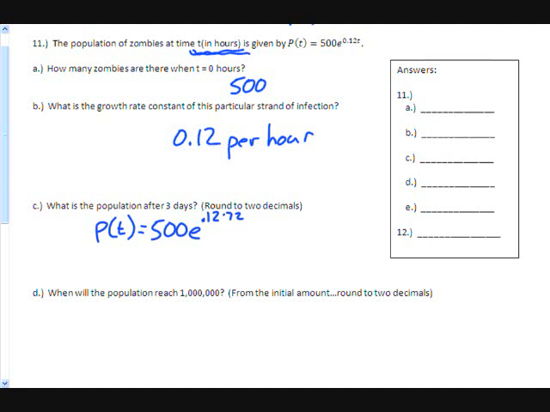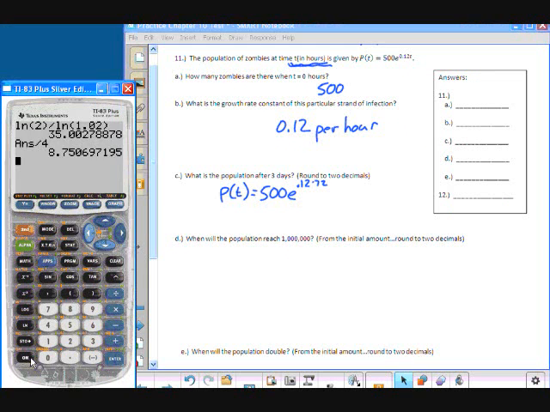All right. Now, again, it's just time to plug this into my calculator. So I'm going to do 500 and then e raised to the power of 0.12 times the 72. And notice I put that exponent in parentheses to make sure my calculator knows to raise e to that entire power. And I hit enter. And it asked me to round to 2 decimal places.